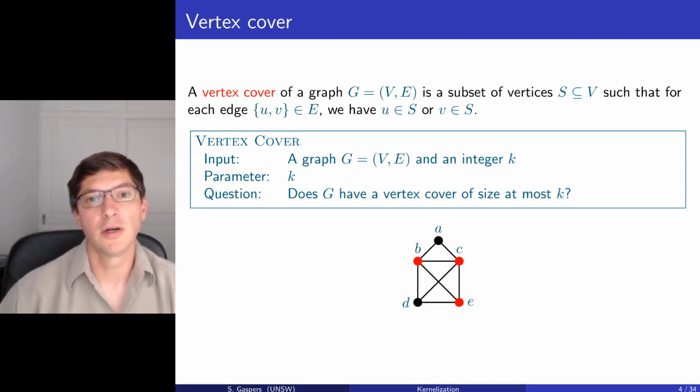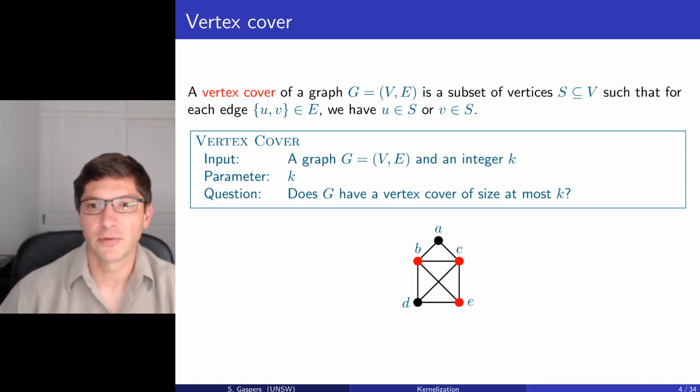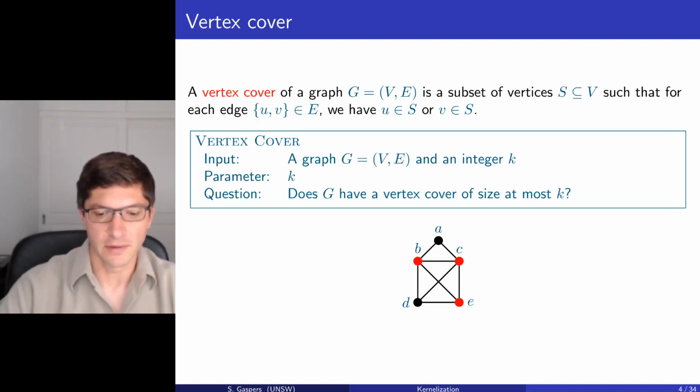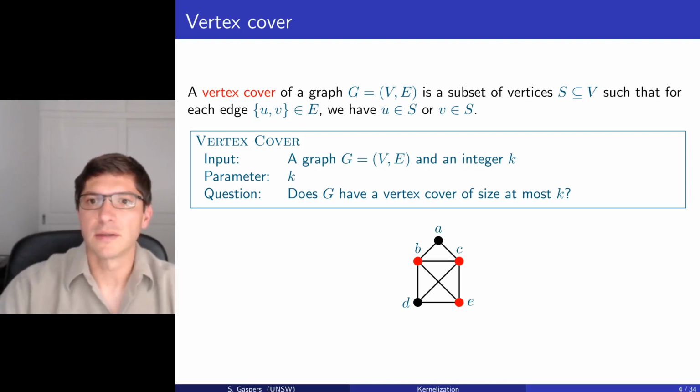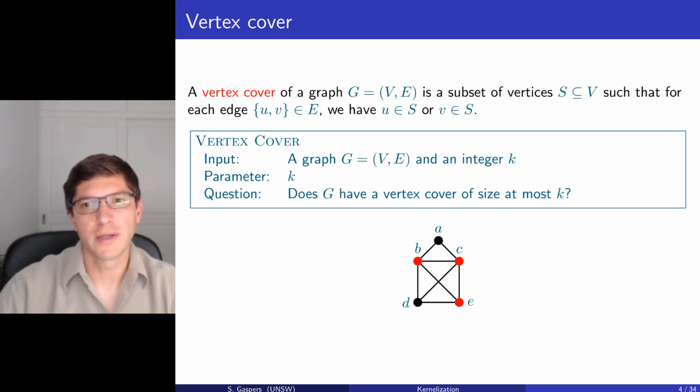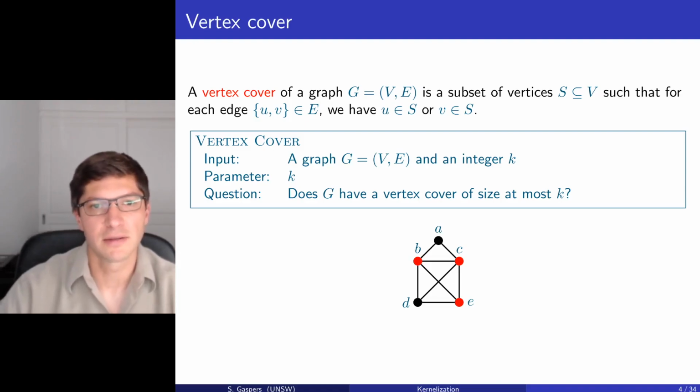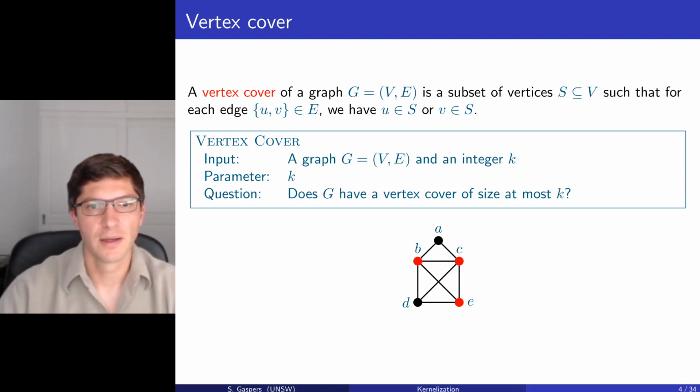As you remember, a vertex cover of a graph is a subset of vertices, such as the three red vertices here, that cover all the edges of the graph. So for every edge of the graph, we need to have that at least one of the endpoints has been selected into our vertex cover.